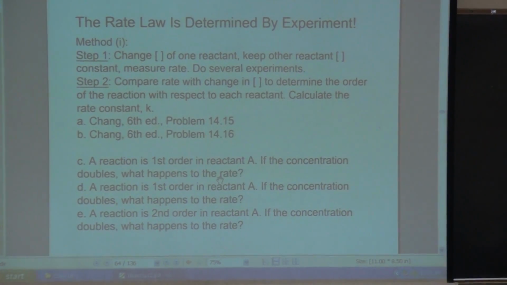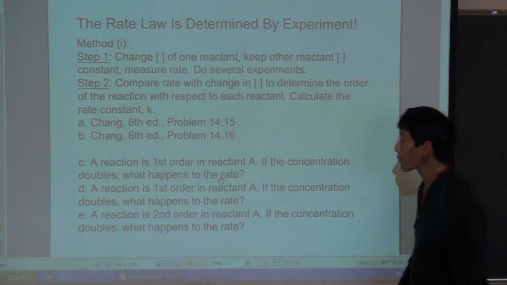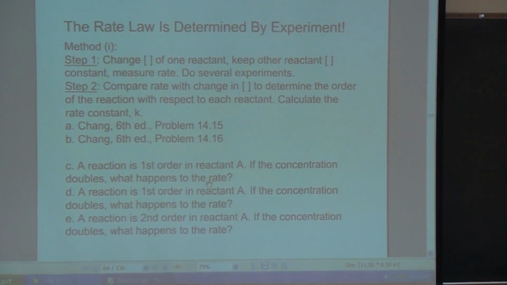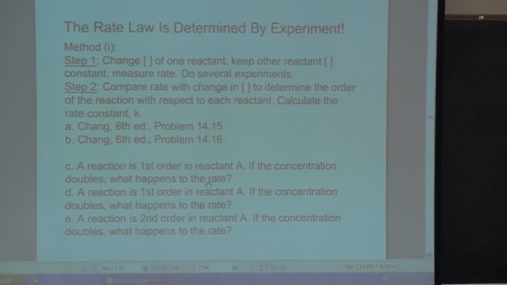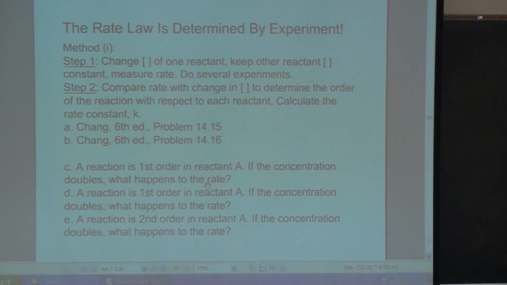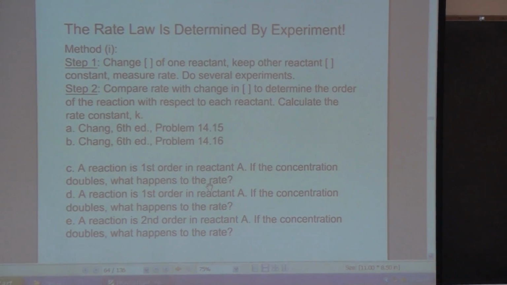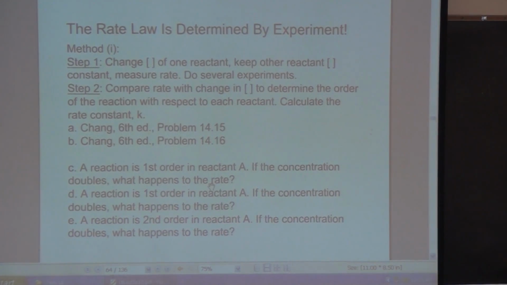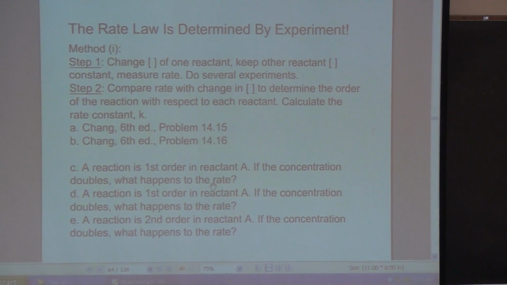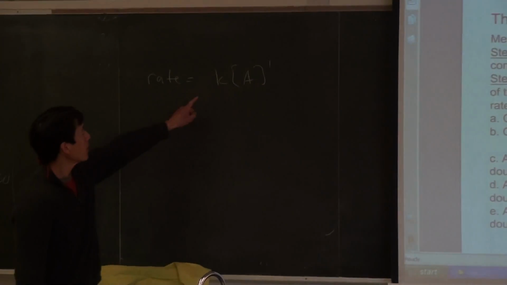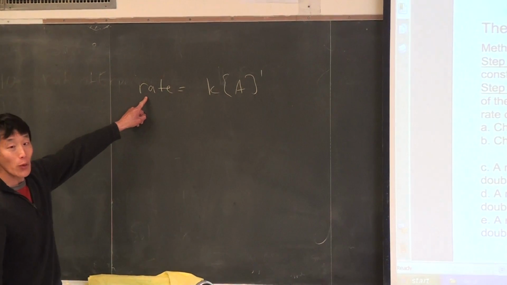Another way of stating this question: for question C, we have some rate, and it's first order in reactant A, so rate is equal to k times A to the first power. If we double the concentration of A, what happens to the rate?